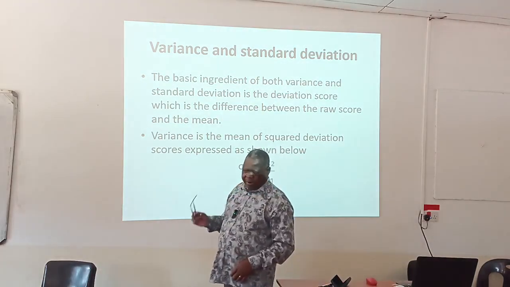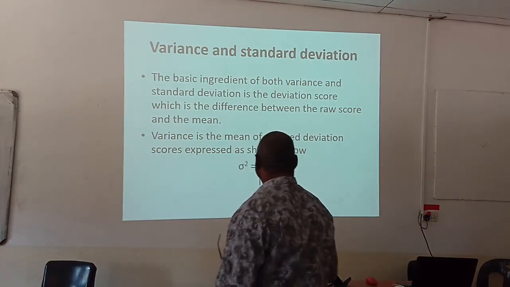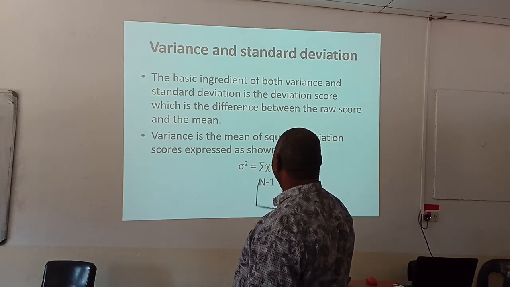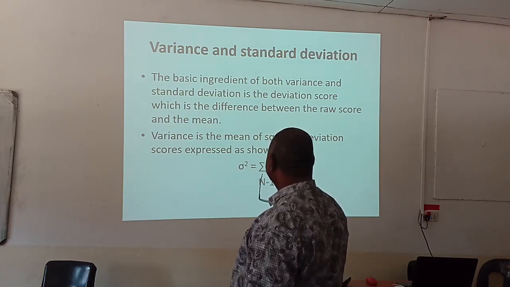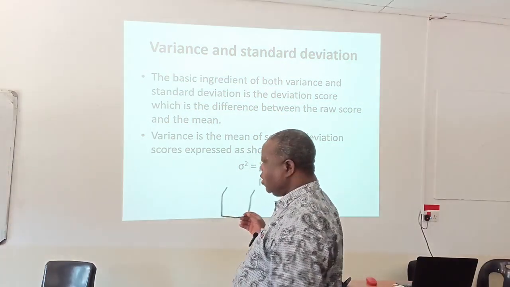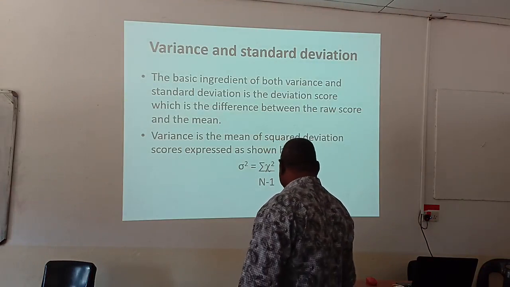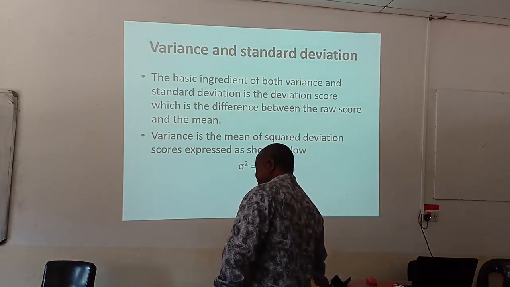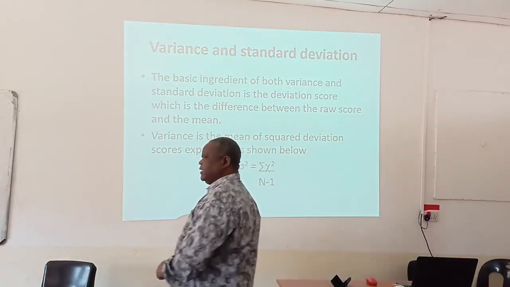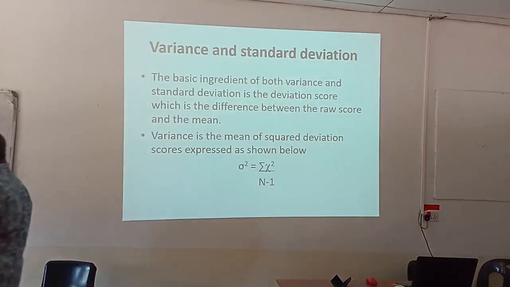Now, when we're talking about the standard deviation, it is actually based on what is referred to as a deviation score, whereby when you have computed a mean in any data set, the mean is the central point of that data set.